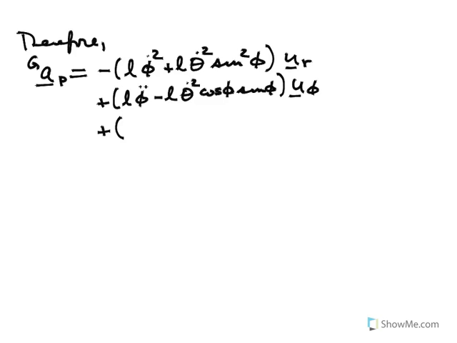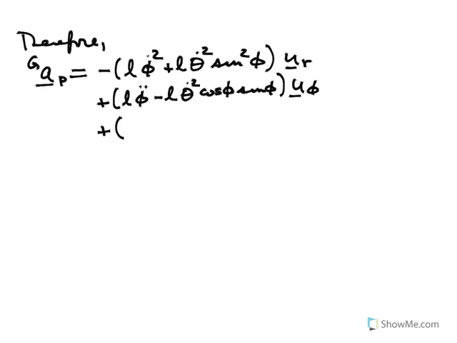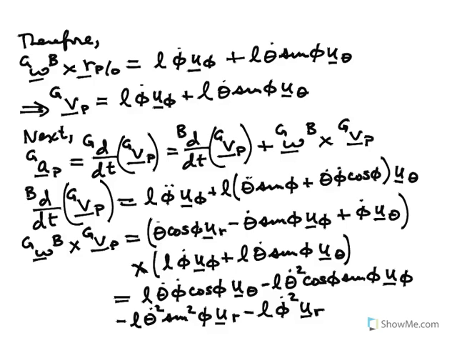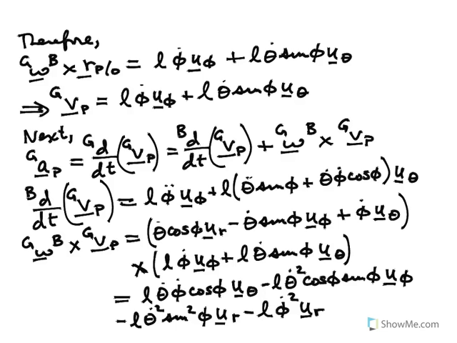And then plus, I have to get the last terms, the u theta terms: L theta double dot sine phi, and I've got L theta dot phi dot cosine phi, and I have another L theta dot phi dot cosine phi. So I get L theta double dot times the sine of phi plus 2 L theta dot phi dot times the cosine of phi, times u sub theta.